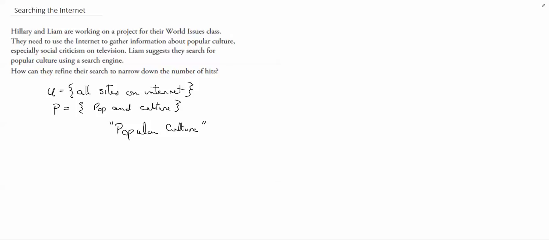And essentially what that says, it has to have popular and culture. So I'm going to correct this, this should be or. Okay, when I put the quotes around it, I'm just going to use or here. So this is sites with the word popular and culture.